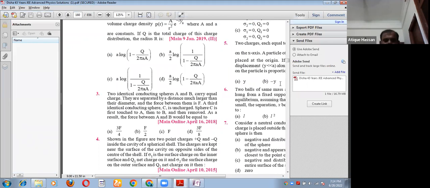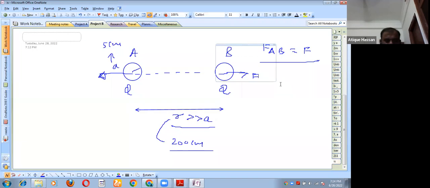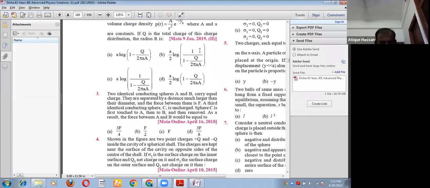A third identical conducting sphere C is uncharged. Now there is another sphere C. This sphere C is uncharged; it has no charge. Sphere C is first touched to A, then to B, and then removed.